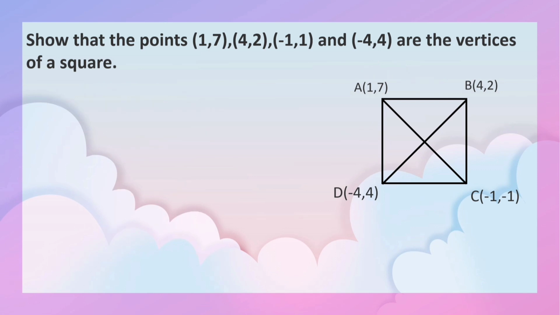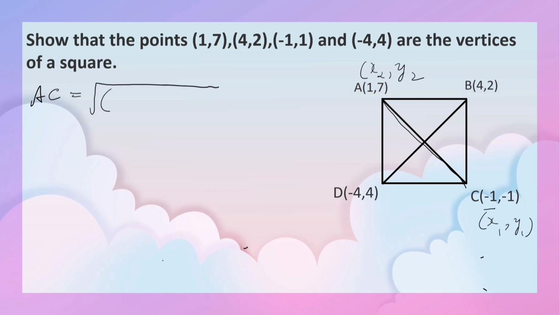Now let us find the length of AC and also BD. Let this point be (x1, y1) and this be (x2, y2). Now let us find the length. Square root of (x2 is -1 minus 1) the square, y1 is -1, y2 is 7, the whole square.